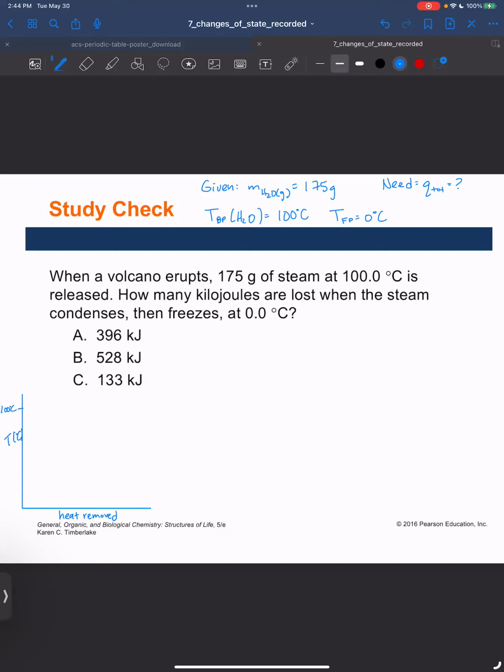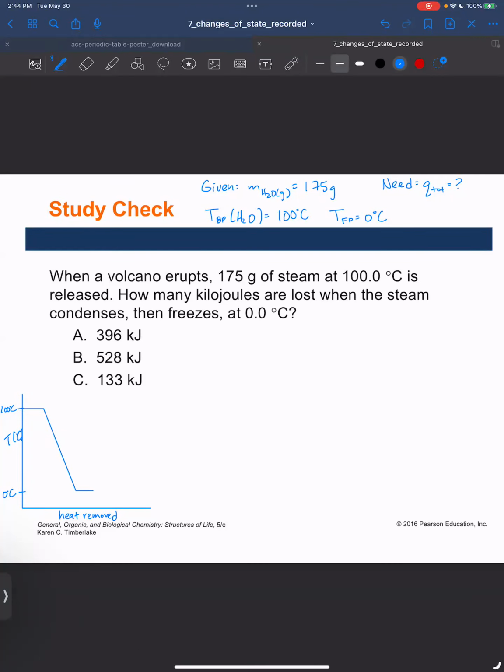And then we are going to want to freeze at 0 degrees Celsius and calculate the total amount of energy. So first it's steam, but we want to convert that water into a liquid. And then the liquid's going to cool. And then once it cools, it's going to freeze.